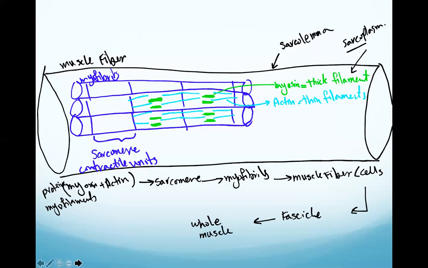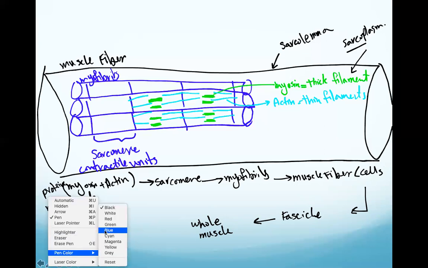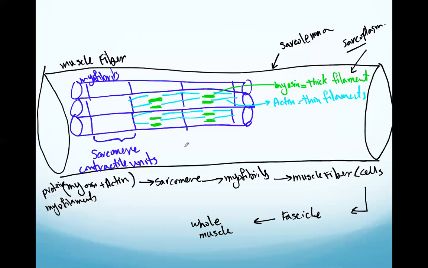So reminding again, what are the three connective tissues we have present within this muscle tissue or muscle as an organ? Muscle fiber cells are wrapped with endomysium.